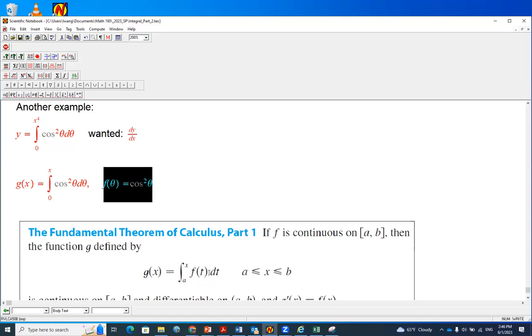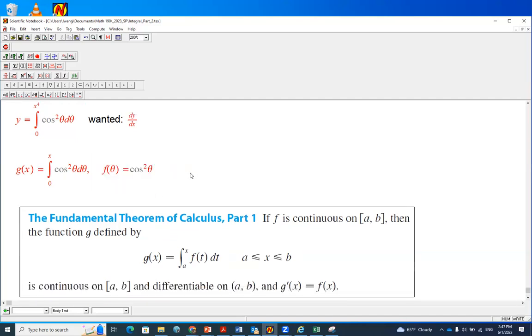So I have a perfect match. This whole piece is G of X, and f of theta is this piece. The function f is continuous, since cosine square is continuous. So according to the fundamental theorem of calculus, G prime of X is equal to f of X.